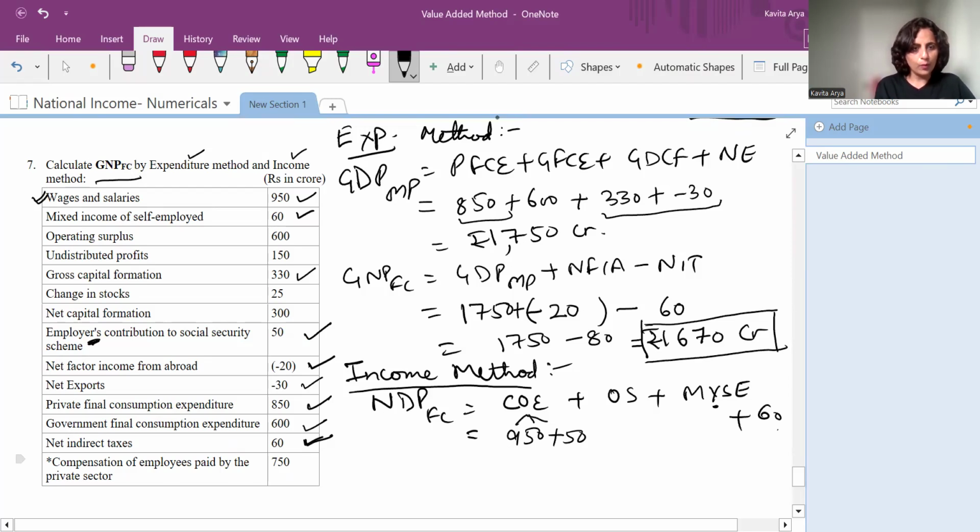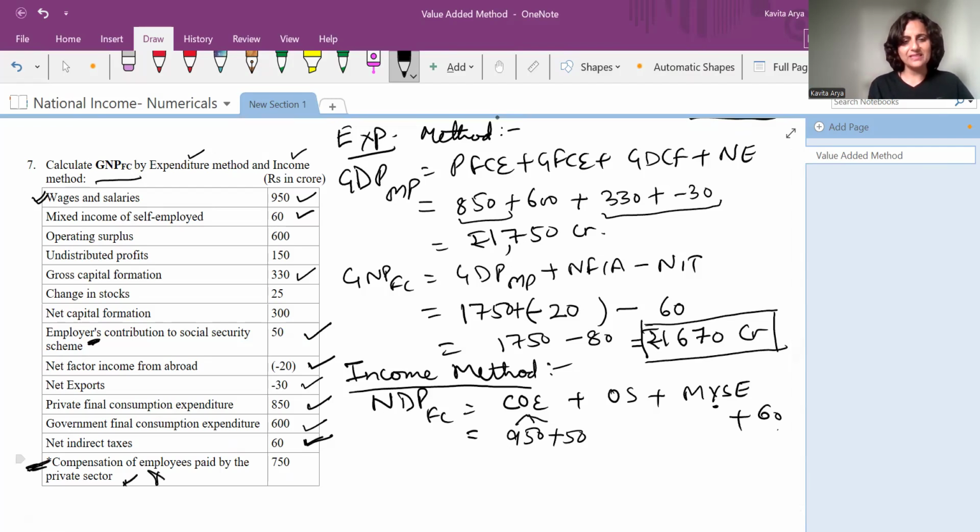No. Wow, a trap is given. Compensation of employees is given, but it is said paid by the private sector. It means though the name sounds similar, it is only a component of the whole compensation of employees, because in India we have private and public sector coexisting with each other. So this is just a trap for you. Don't get swayed away. You wouldn't be simply overlooking this point.